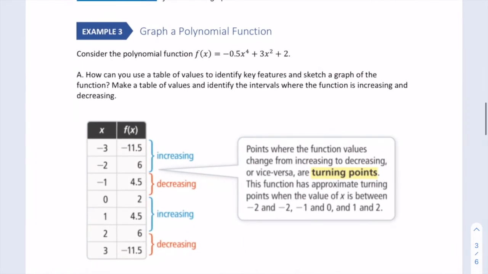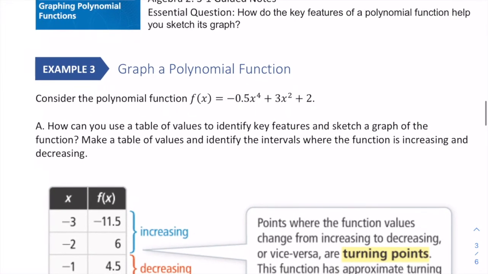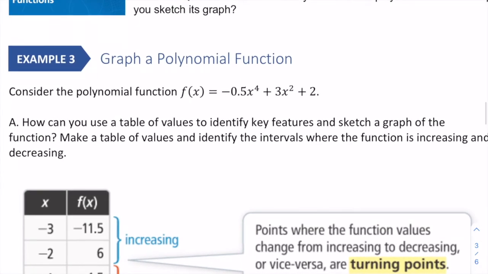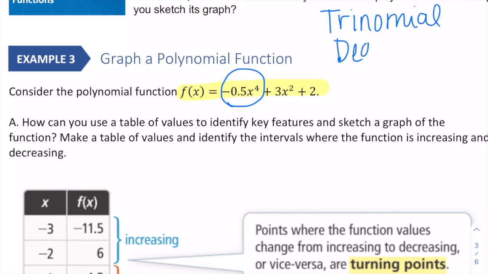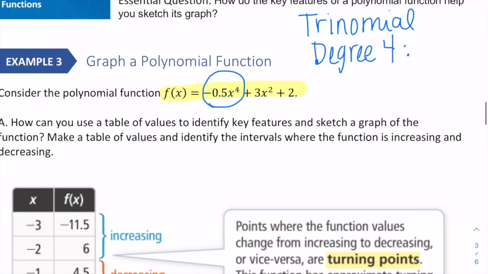Well, now that we understand end behavior, let's graph the polynomial function. So right here, you could tell that this function will be a trinomial, and looking at that leading coefficient and that leading term, we know that it's going to have a degree of 4, and that's even, right? 4 is an even number, and the leading coefficient is negative.